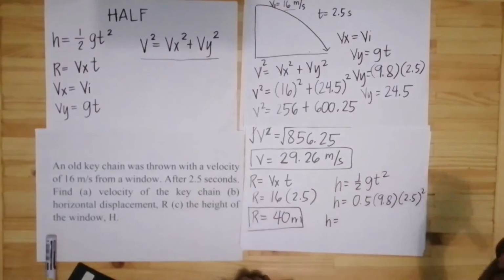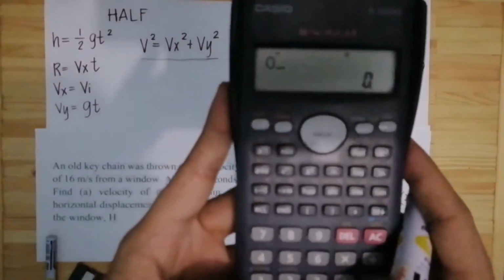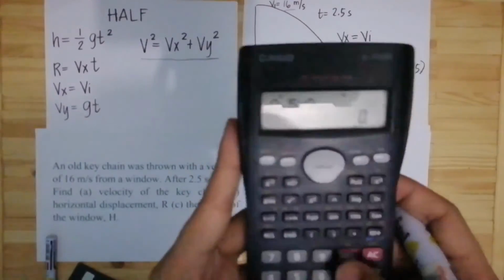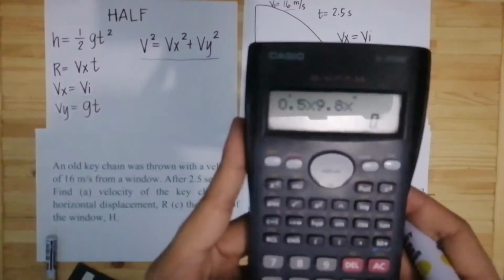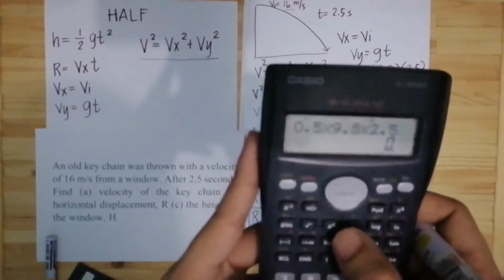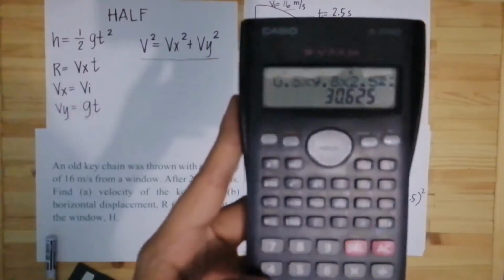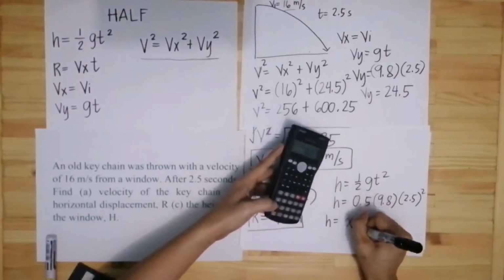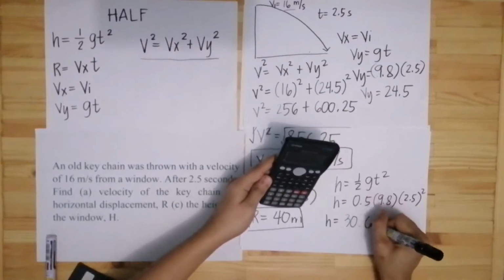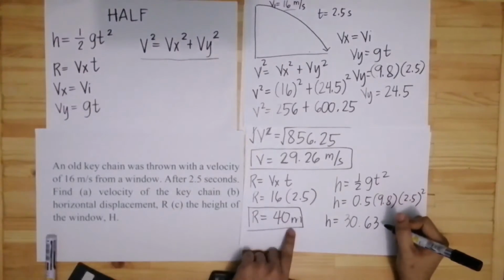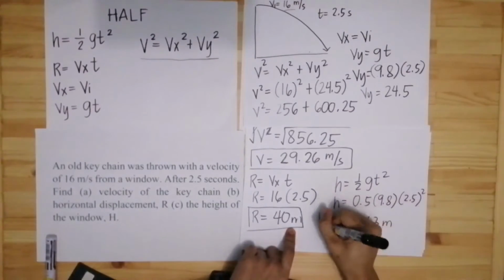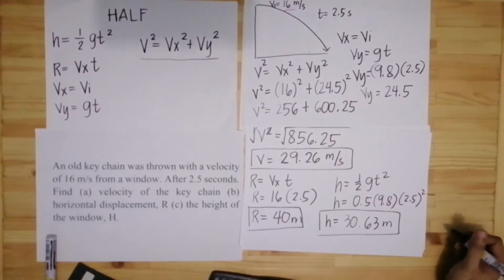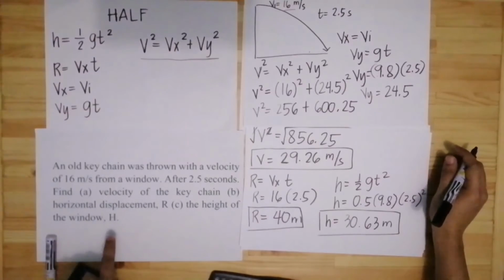So, height natin is this. 0.5 times 9.8 times 2.5 then squared. That is equal to 30.63. That is the height. So, ang height natin para sa unit ng range, meters. 30.63 meters.